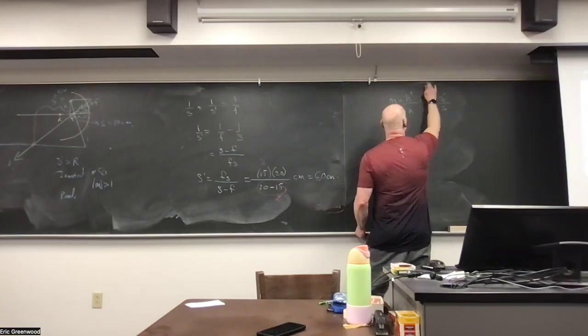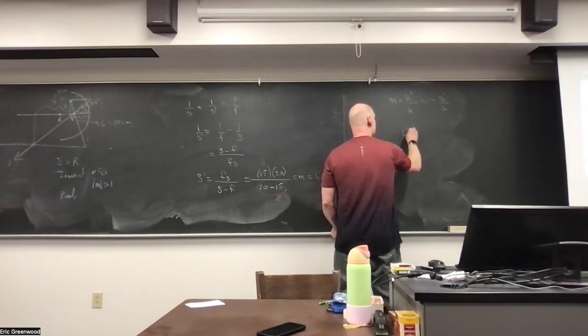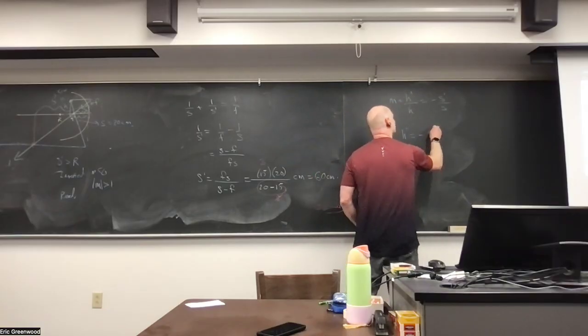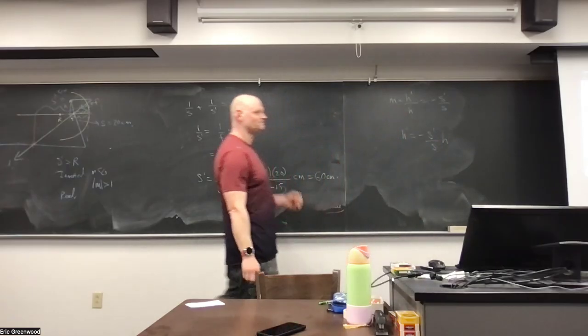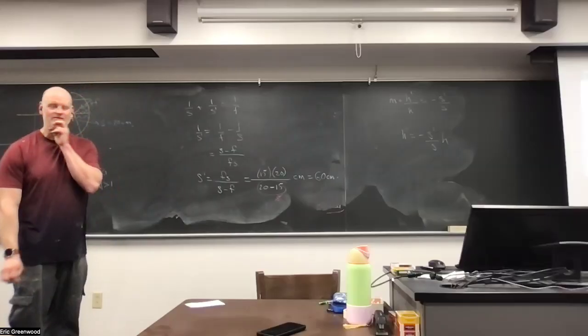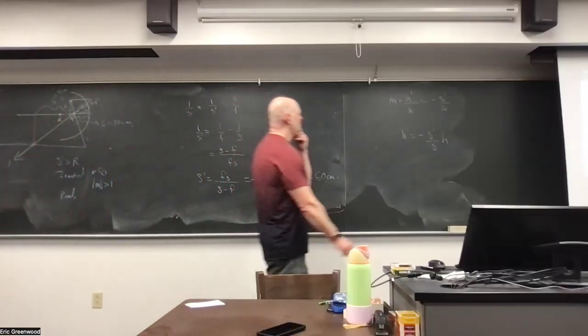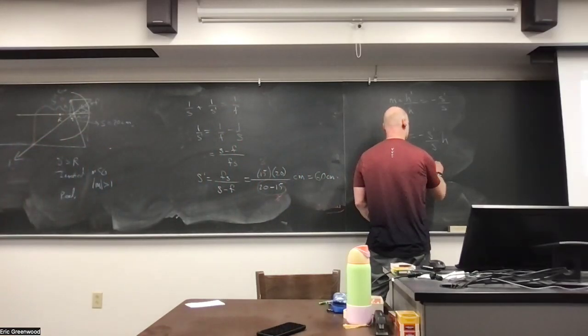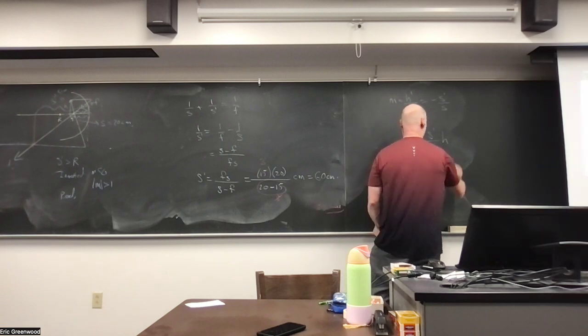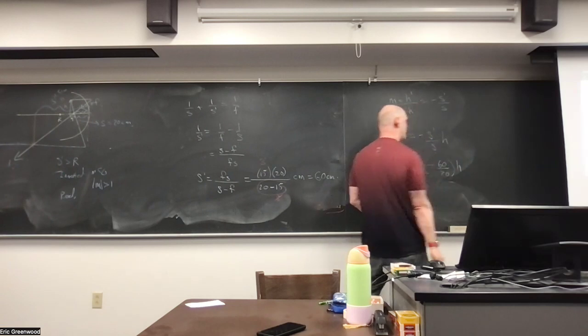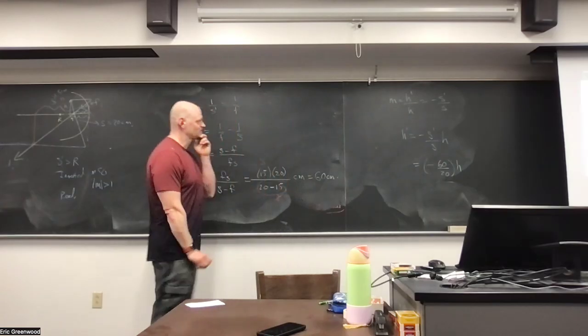So from here, we can find the image height, which is equal to negative of the image distance divided by the object distance times the object height. So this becomes minus positive 60 centimeters divided by 20 centimeters, all times the height.